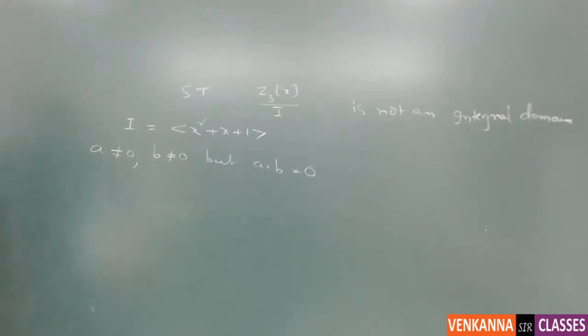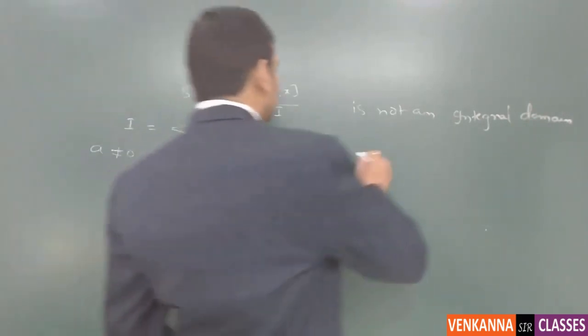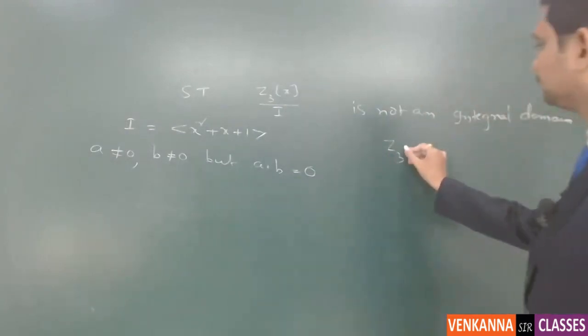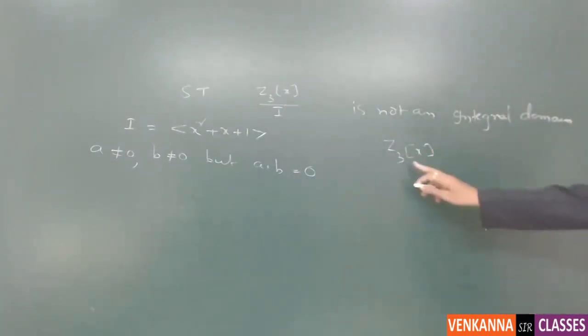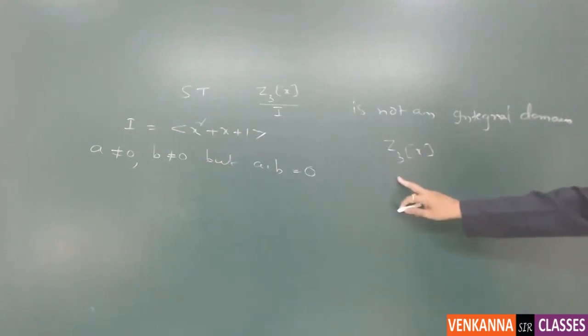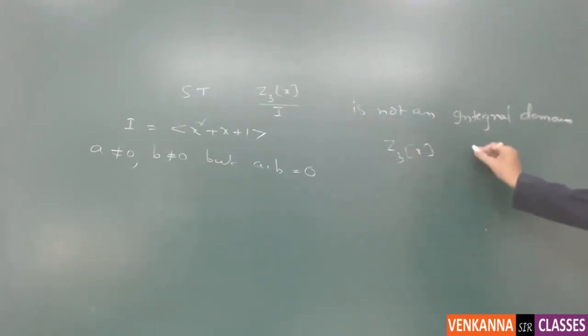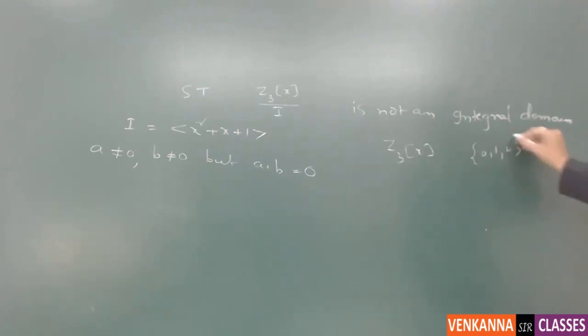Right. Now, if you consider the ring Z3[x], you are considering any polynomial where the coefficients are precisely 0, 1, 2, because this is nothing but the set Z3.